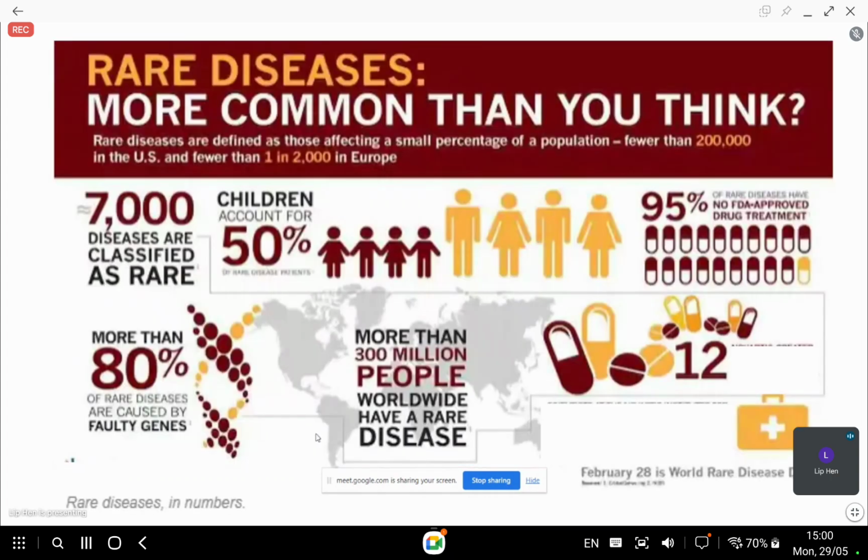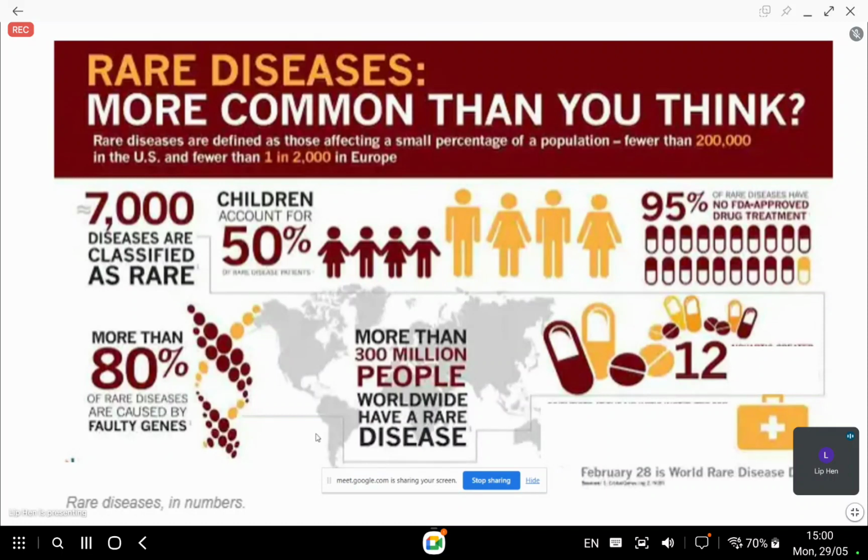She is actually having a rare disease. Rare diseases are actually more common than we think. In the US and Europe, a disease is considered rare when it happens in fewer than 1 in 2,000. In Malaysia, we consider a disease rare when it happens in fewer than 1 in 4,000. More than 7 or 8,000 diseases are classified as rare, and most of the time they affect children.